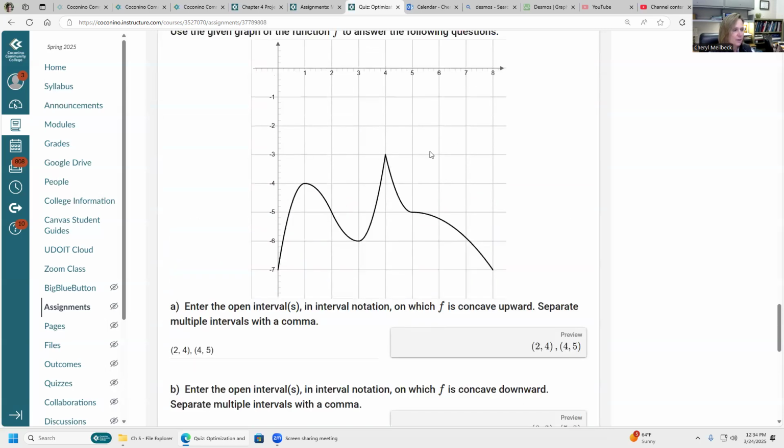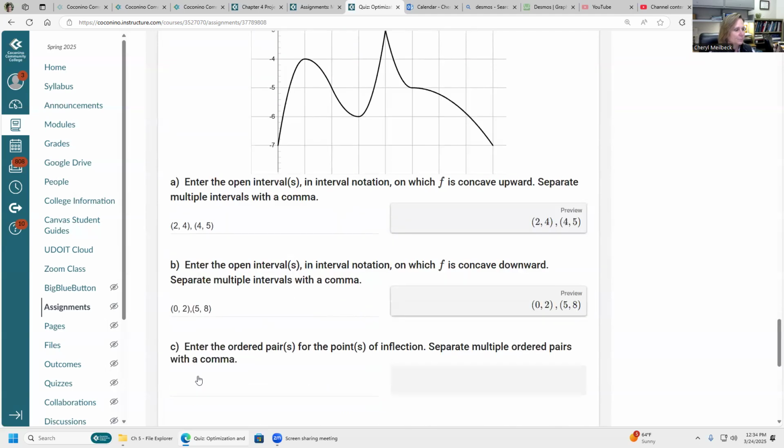We can only guess at this point because we don't have the exact equation to solve for the critical points. But looking at the graph, they tried to make it pretty simple for us. So on this one, it looks like you're changing from concave down to concave up at the point (2, -5).